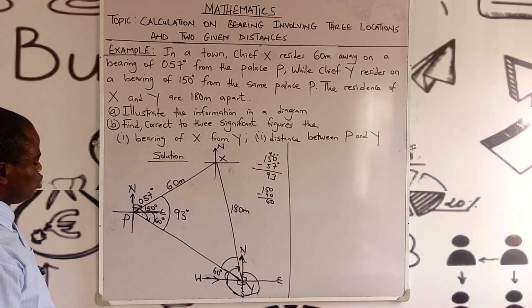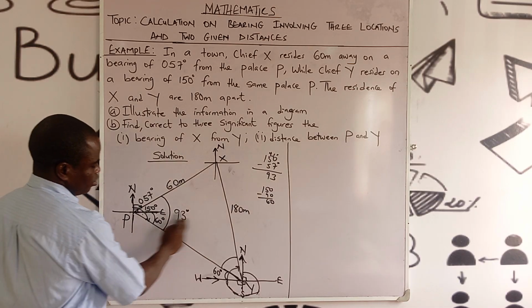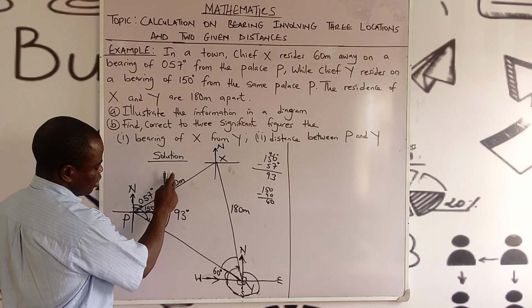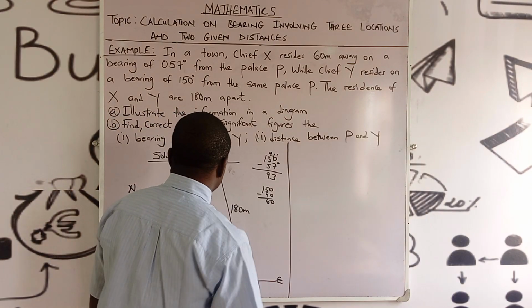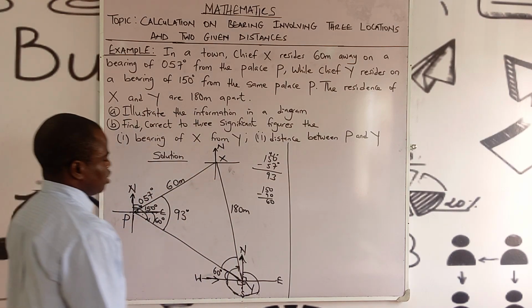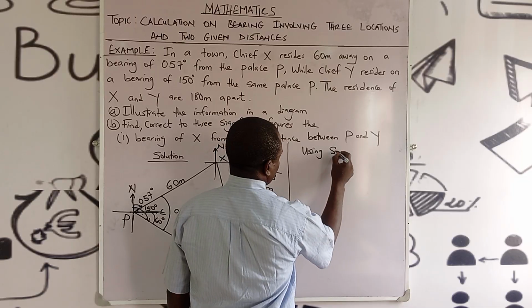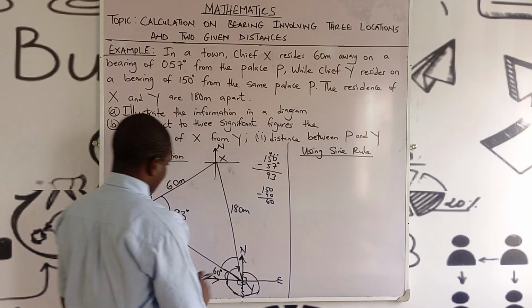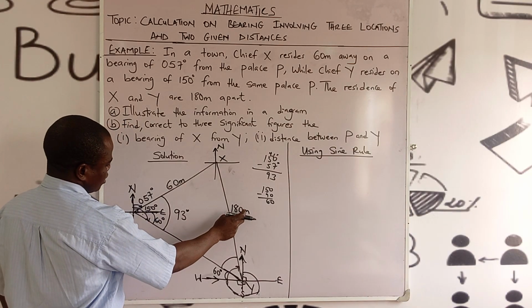Now, what you need to do is that we know this angle, we know this line. We don't know this angle, and we know the line opposite to angle Y. Now we are going to use the sine rule. We use the sine rule because we know one angle with one side.